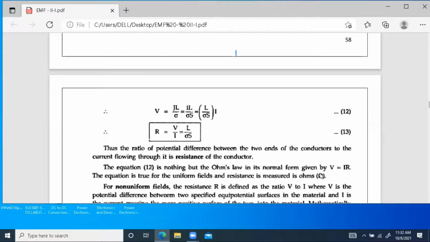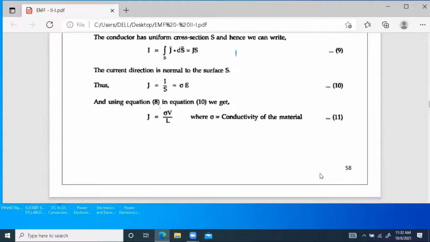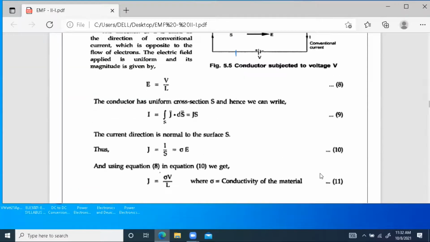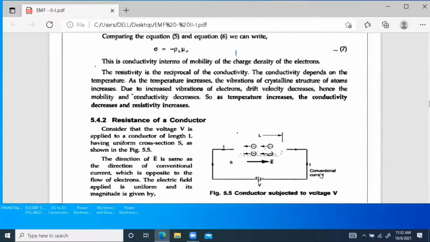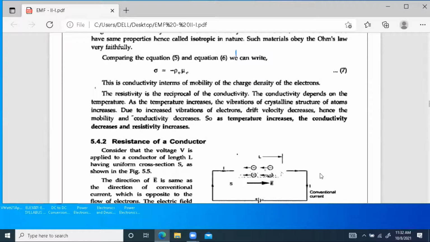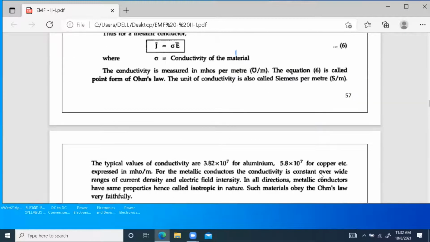Sir, what was that symbol again? The symbol is sigma, sir. Hold on, let me answer the conductivity question first. See there. So you just flip the ohm sign upside down.